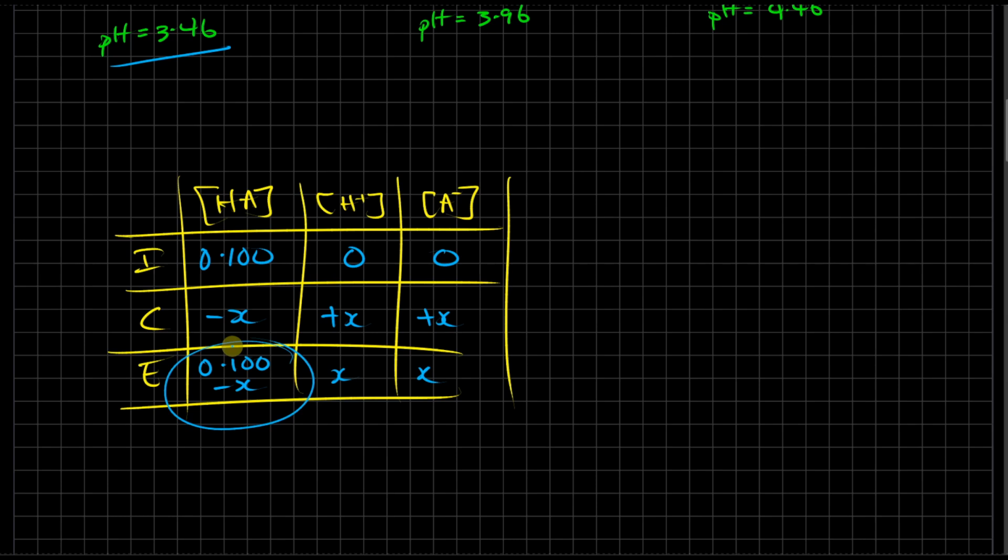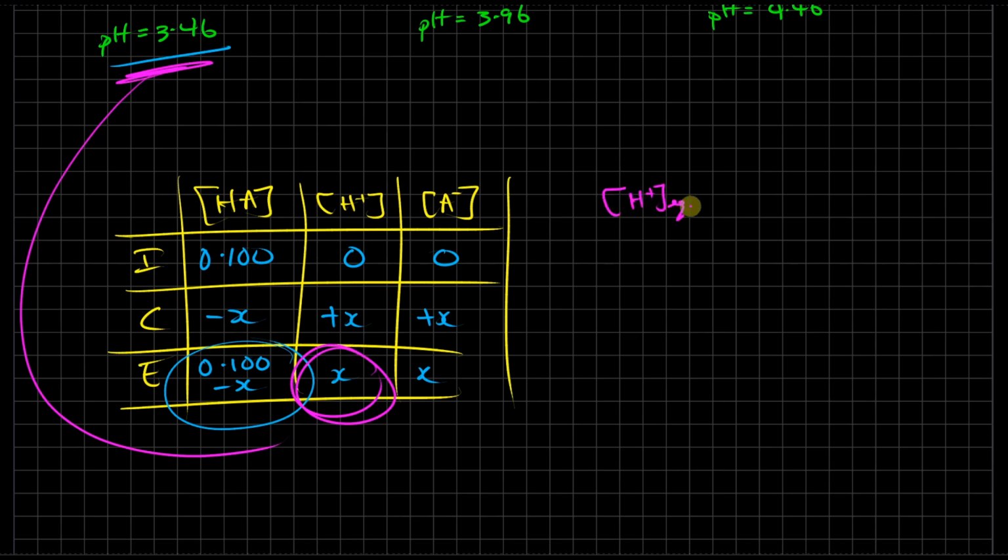But we do know that the pH, this pH right here, is related to this H plus ion concentration. In fact, the H plus ion at equilibrium is 10 to the negative pH. So that H plus ion concentration should be in this calculation right here, 10 to the power of negative 3.46.